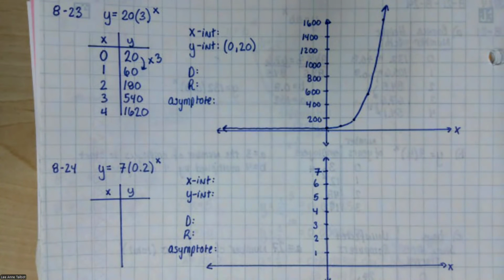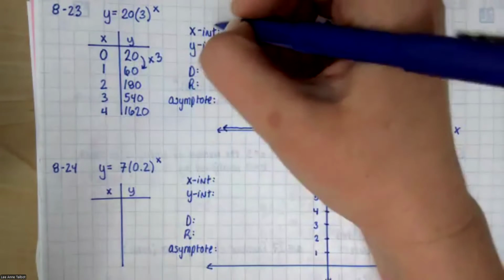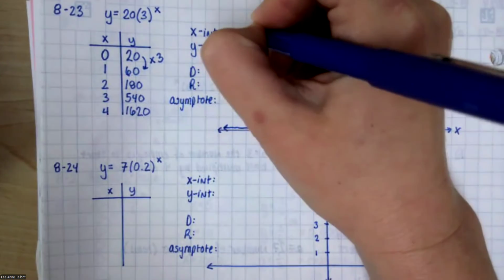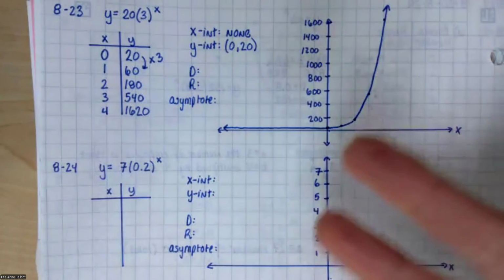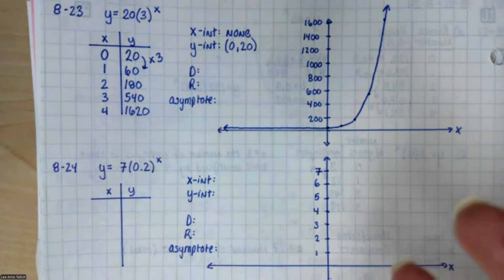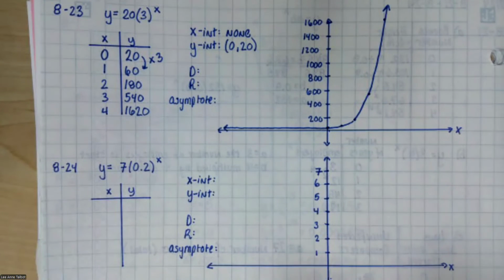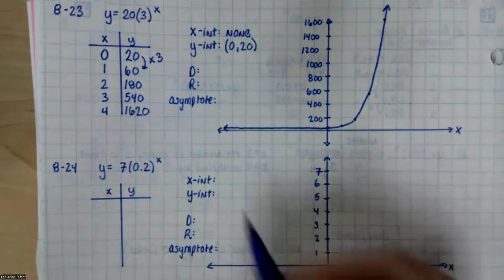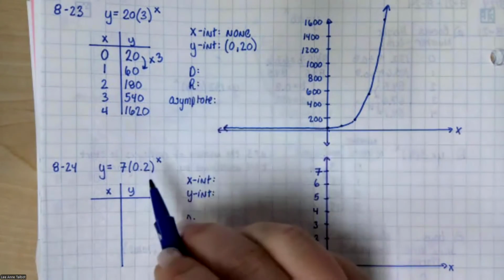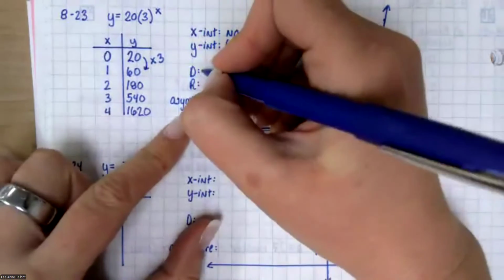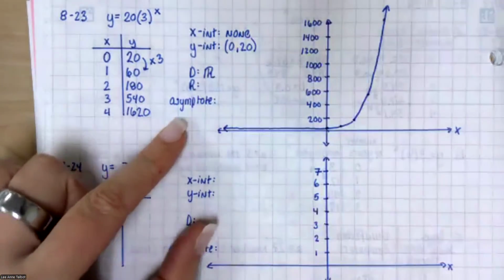Okay, what is the x-intercept? That's a trick question. None. Notice, it doesn't touch the x-axis, so there's no x-intercept. Domain, does it go forever to the left and right? Yes. That means the domain is all real numbers.